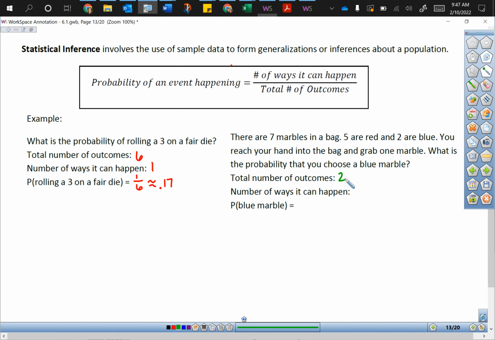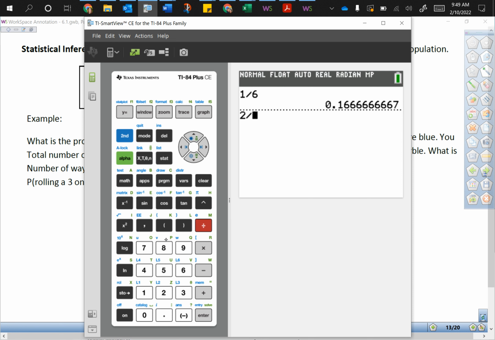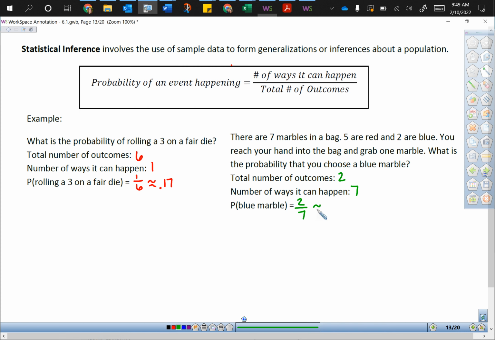Then, the total number of ways it could happen. What are the total number of things that you could pull out? There are 7 marbles in a bag. So the probability of getting a blue marble would be 2 out of 7. So in our calculator, 2 out of 7 is going to be about 0.29.